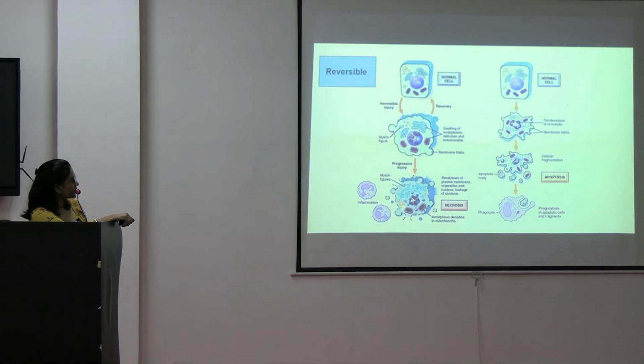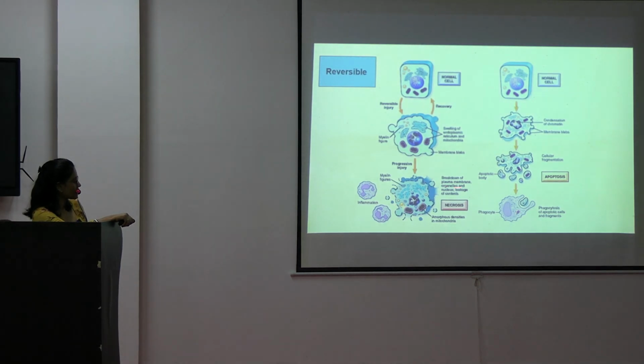Okay. Now if there is persistence of the stressor agent and there is progressive injury, there are certain changes which happen in irreversible cell injury, mainly resulting in necrosis. So what will happen? There will be inflammation, then breakdown of the plasma membranes, organelles and nucleus, and leakage of the contents within the cytoplasm, and amorphous densities will be formed within the mitochondria.